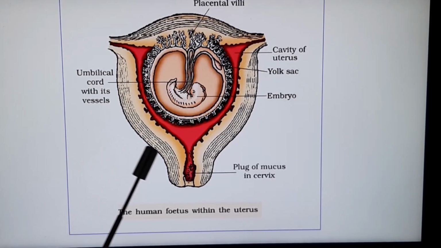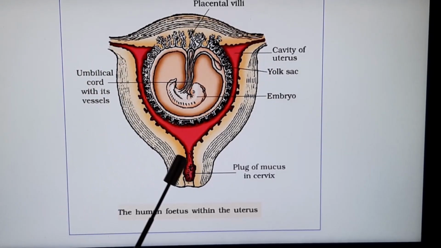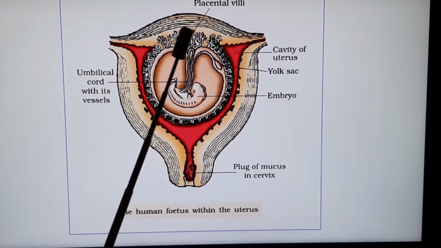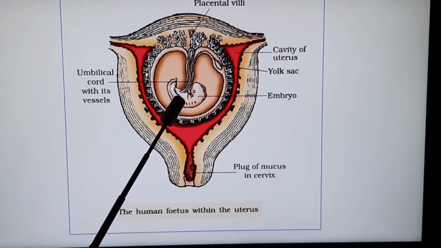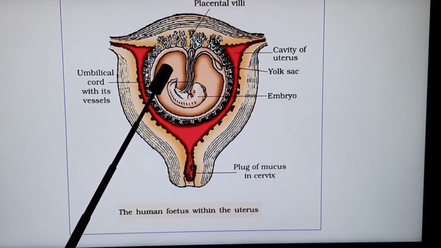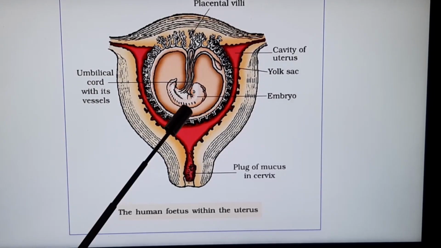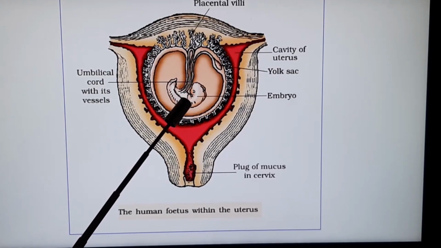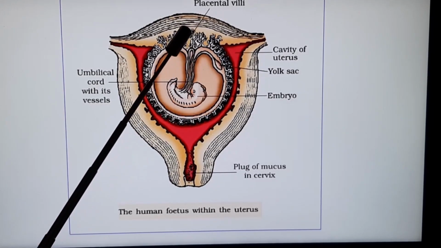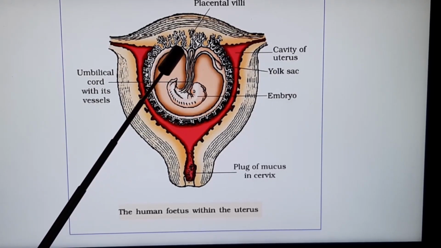You can see this is the uterus, and this part is the endometrium of the uterus, and the red colored part represents the uterine cavity, and this one is the embryo sac where the embryo is enclosed. This is the amnion, and it is filled with the amniotic fluid, and the umbilical cord is connecting the embryo and the mother, that is, the uterus.